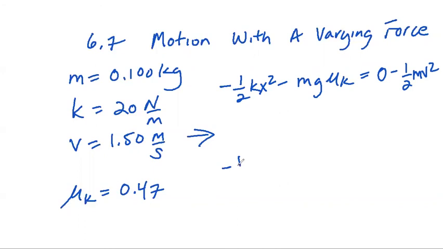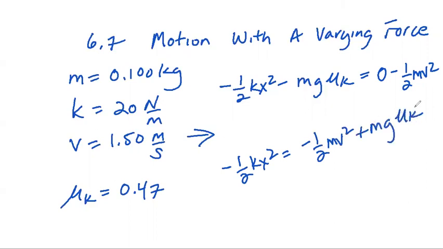What are we solving for? We're solving for d again, distance. So I've got negative 1/2 kx squared equals negative 1/2 mv squared plus mg mu k.